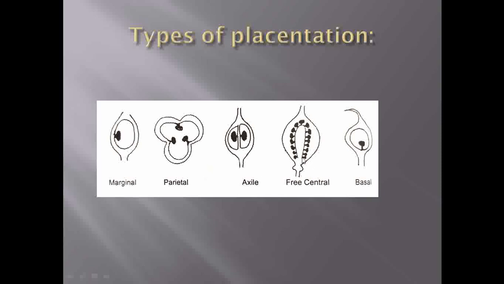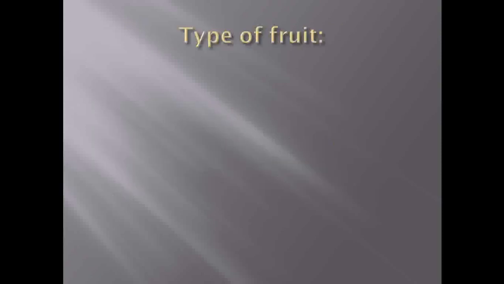Then this one is called free central, meaning here there is no proper attachment of the ovule. So this one is called free central, and the last one is basal. Whenever the placenta is attached to the base of the ovary, it is called basal placentation. So next comes under the reproductive characters, the types of fruit.